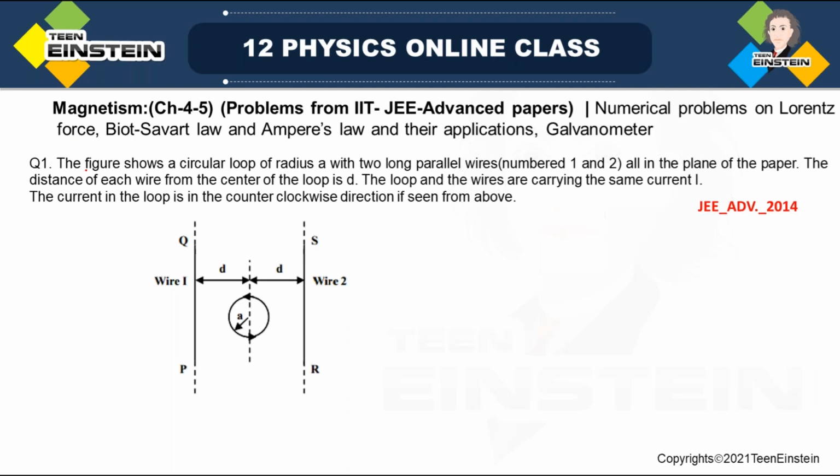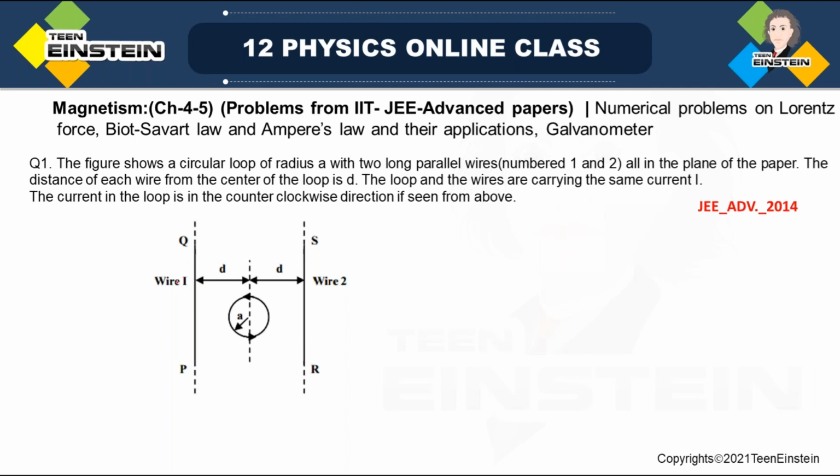The passage says, the figure shows a circular loop of radius a. As you see in the figure, this is a circular loop of wire with radius a with two long parallel wires, number 1 and 2. These dotted ones, PQ and RS, are the two parallel wires.